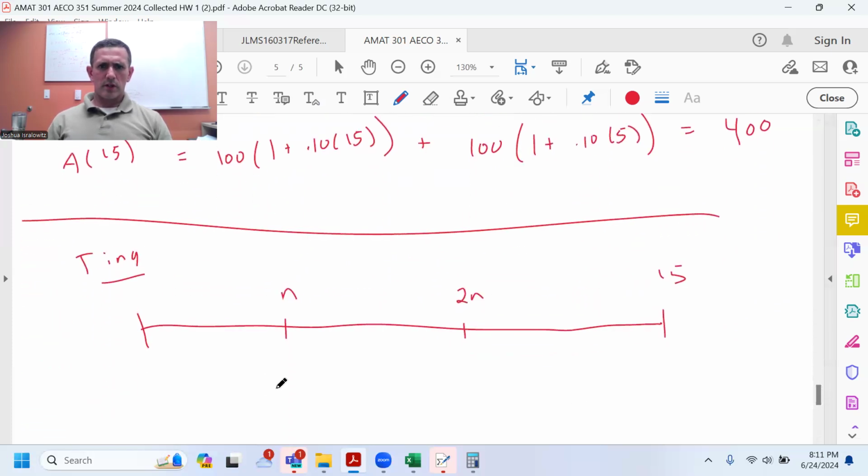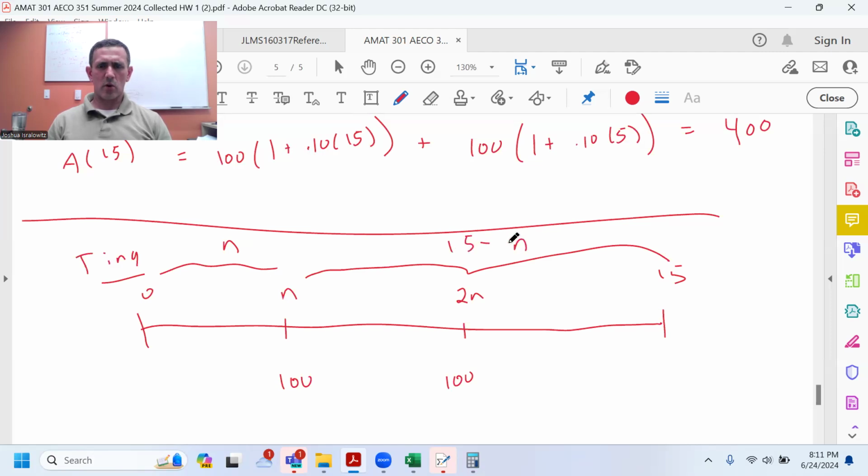Okay, so here's 100. Here's 100. All right. So from here to here is n. So this has to be 15 minus n to get a total of 15.